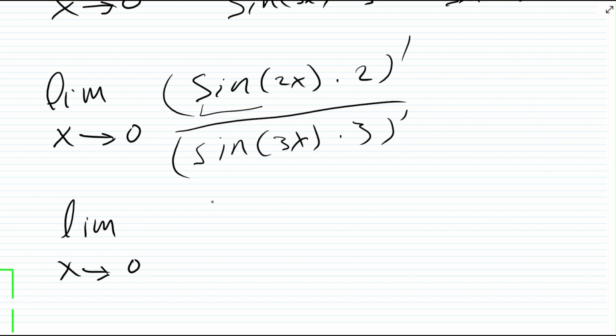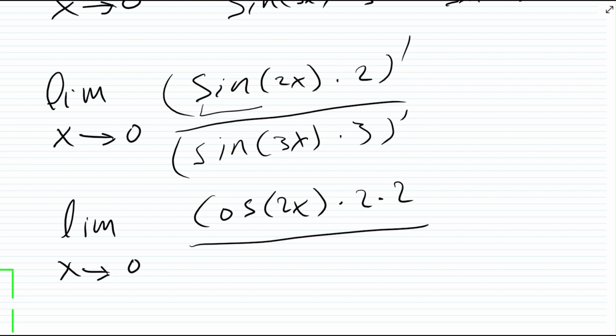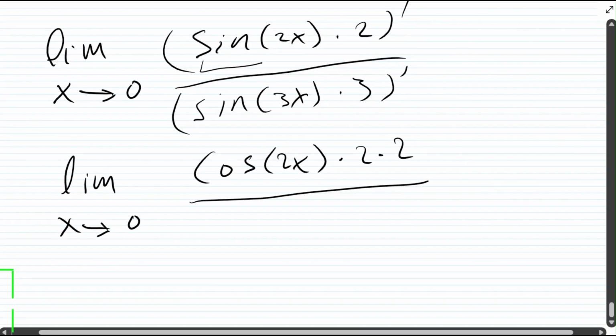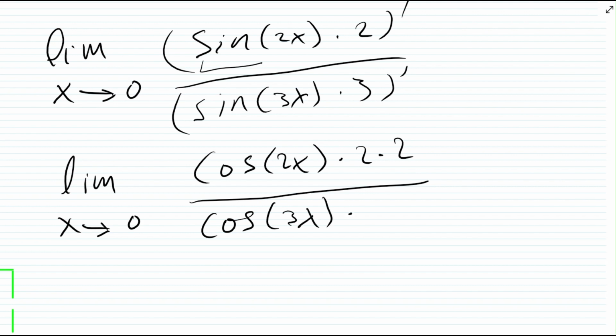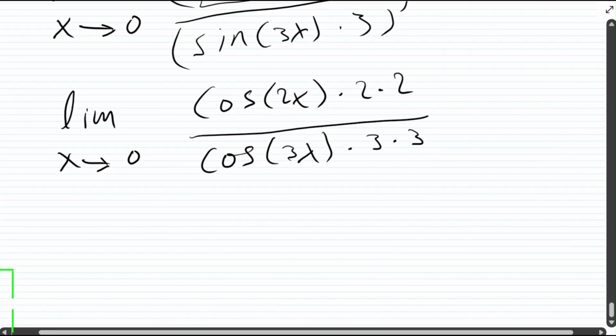So we have cosine, leaving the inner function alone, 2x, times the derivative of this inner function, which is 2, times our original 2 here. The same is going to be applied here. We have cosine of 3x times 3 times the 3 that we already have here.